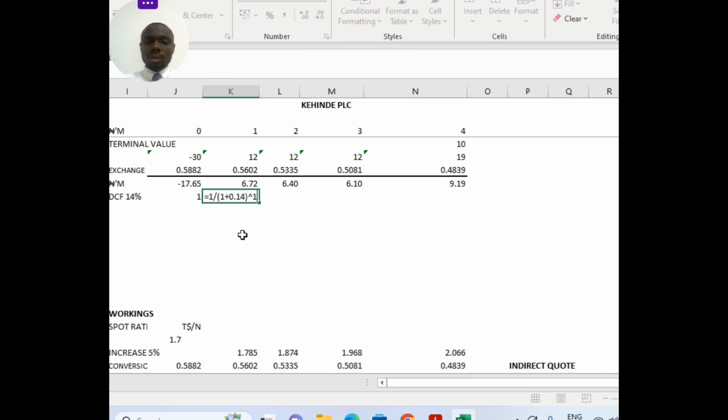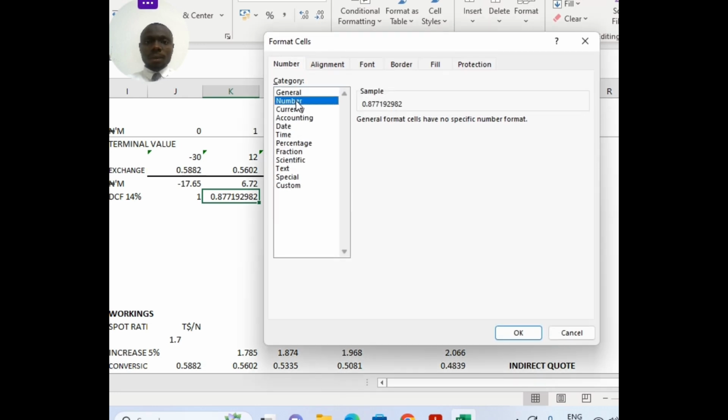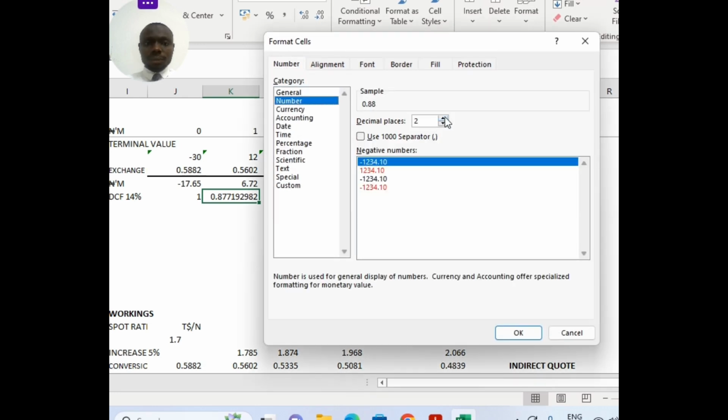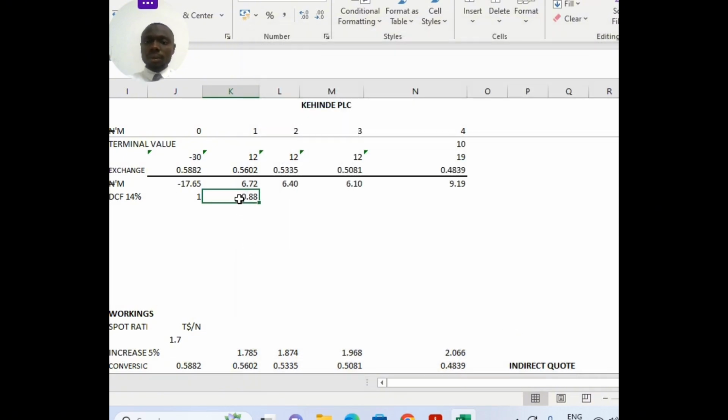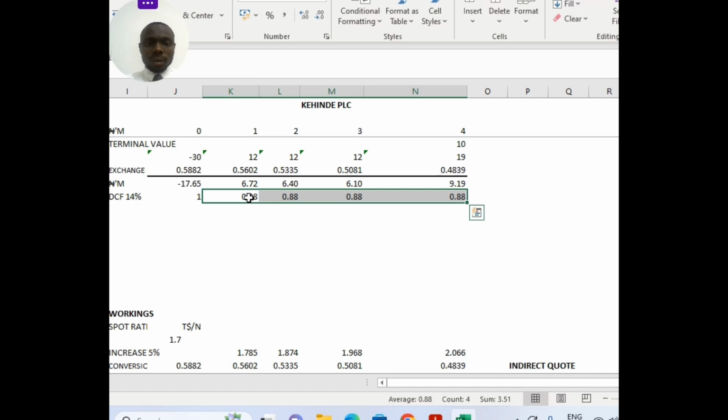Yes, raised to the power of 1. You can confirm that. I think that is how it's supposed to be. So you can confirm this DCF. You can roll it out like this.